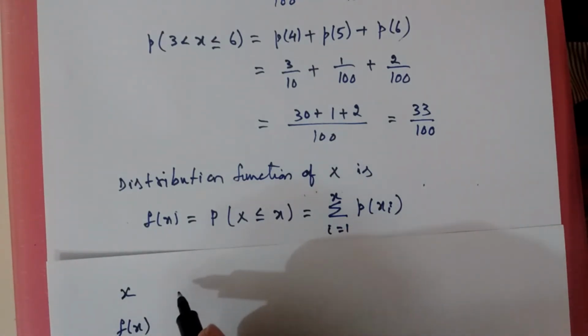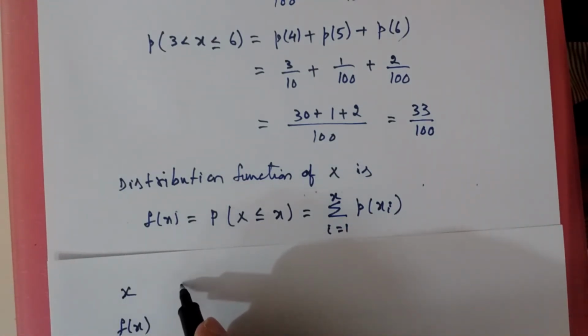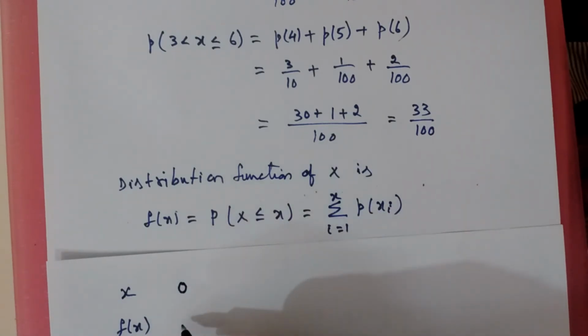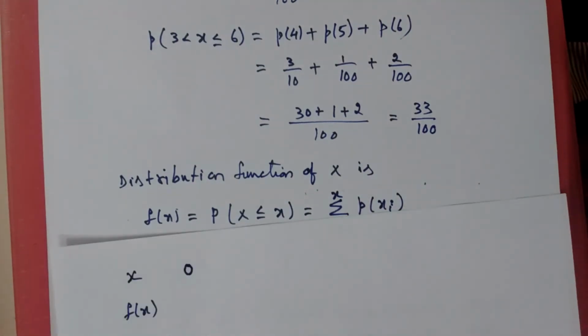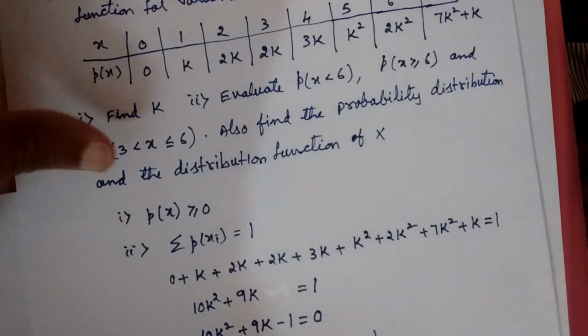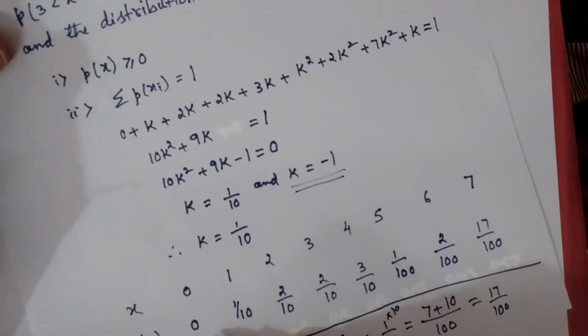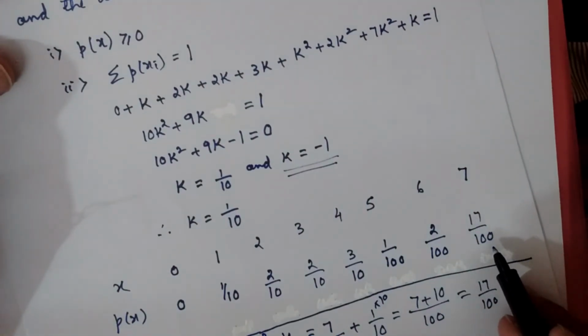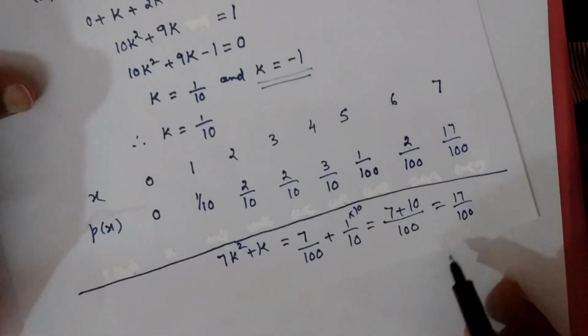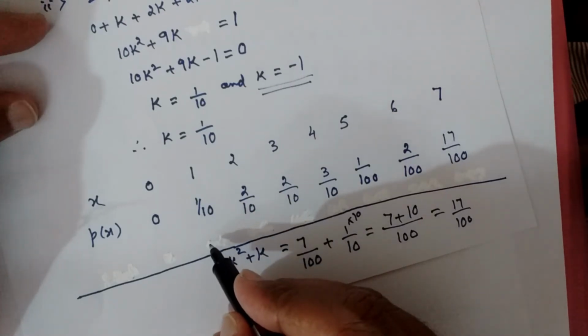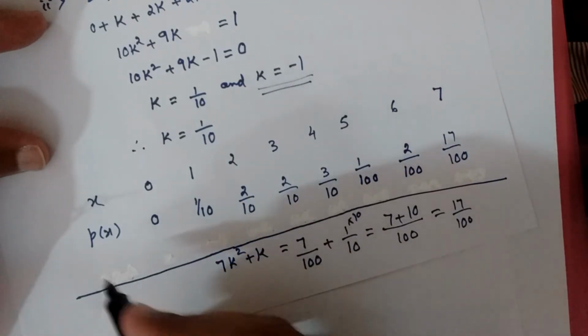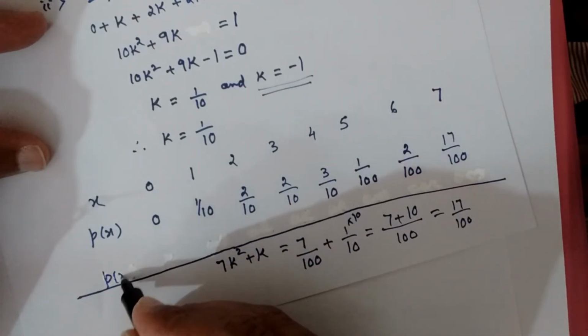So when x value is 0, what is f of x? That means you have to write down the values of p of x, the sum of the values of p of x. So just for convenience, you can even write 0 as it is. Let me rewrite it. It's p of x.